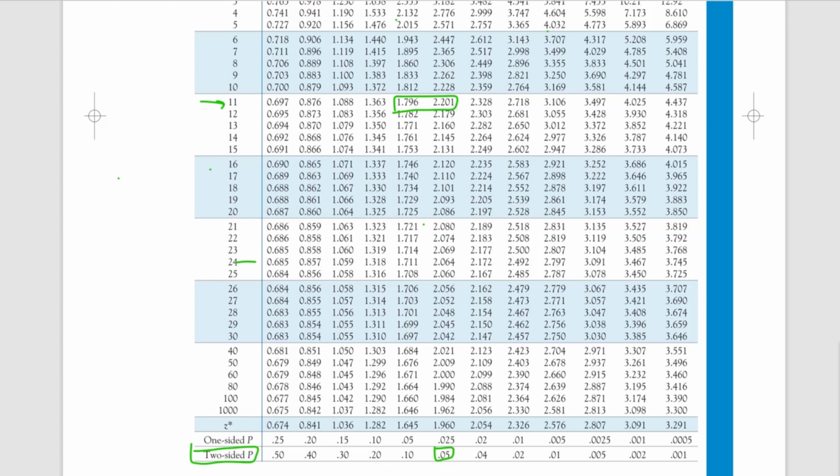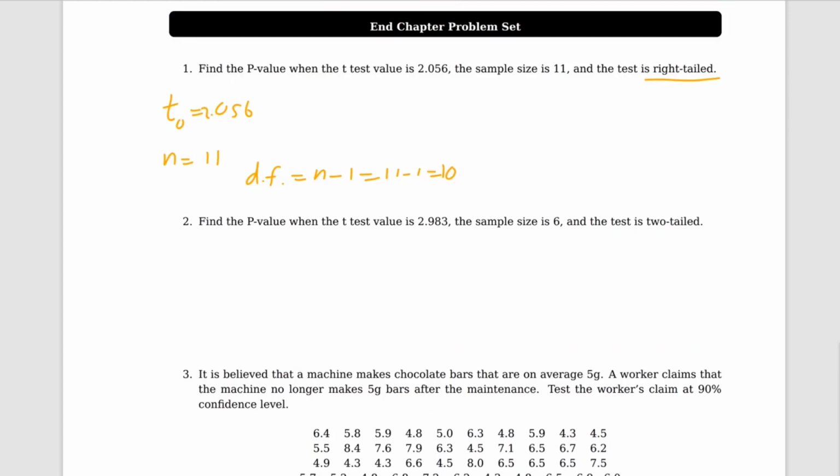Therefore, go to the one-sided, this one, and then 0.05 and 0.025. Therefore, we can say the p-value is less than 0.05 and greater than 0.025. That is the p-value.